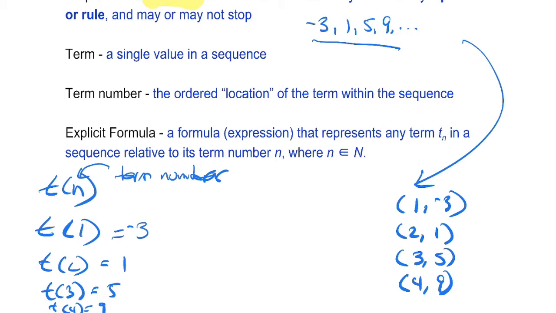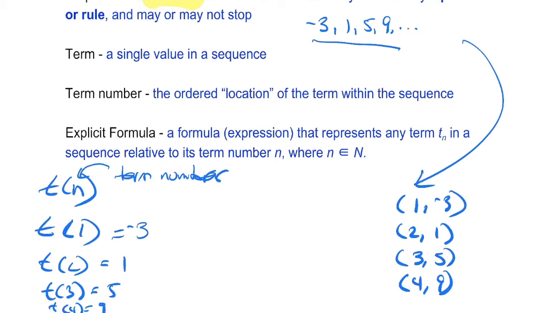In fact, in this case, it can only be a natural number. It can be 1, 2, 3. So when we talk about sequences as a function, it's very specific in that the domain of the independent variable will always be the same. Our actual y values are going to be different based on what the actual sequence is.